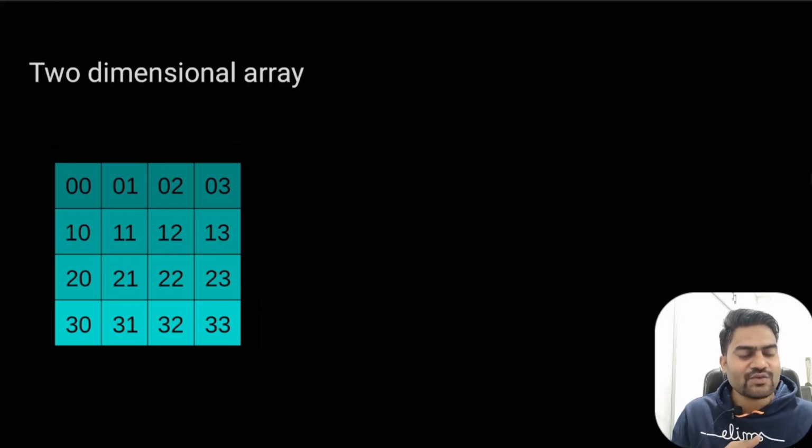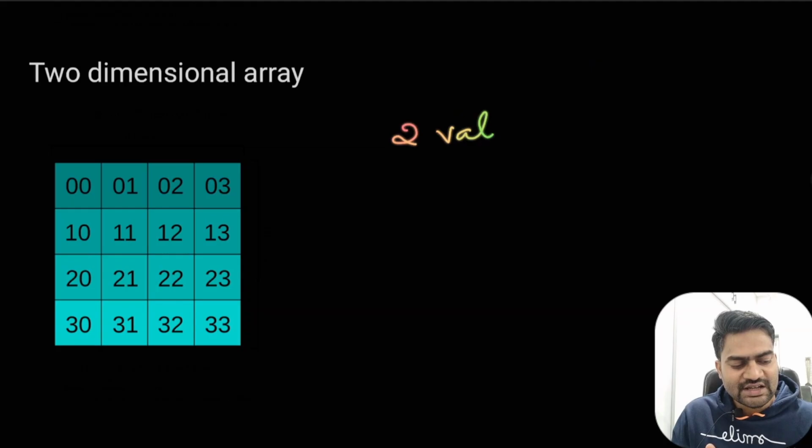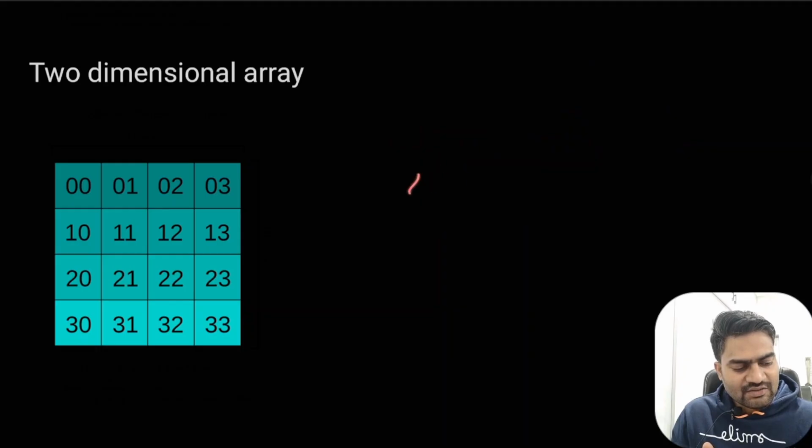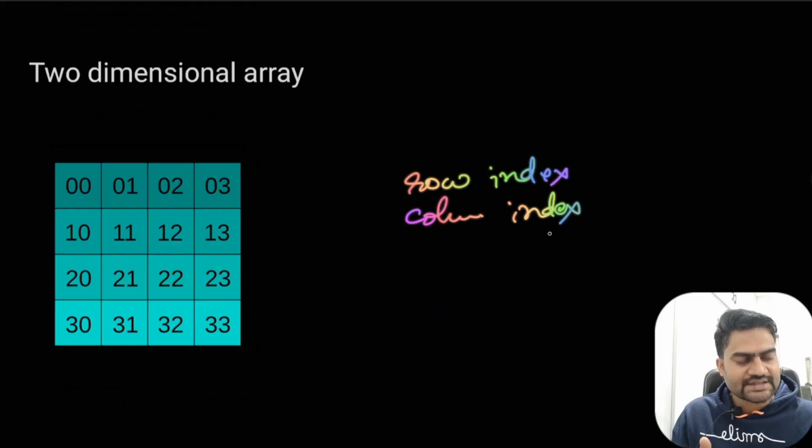If you want to access any element in this array, you will need two values, or two indexes: a row index and a column index.